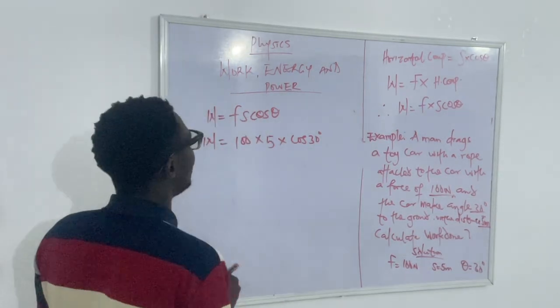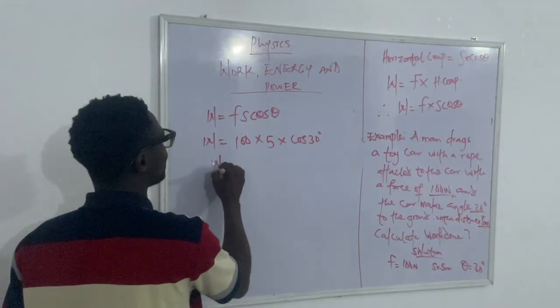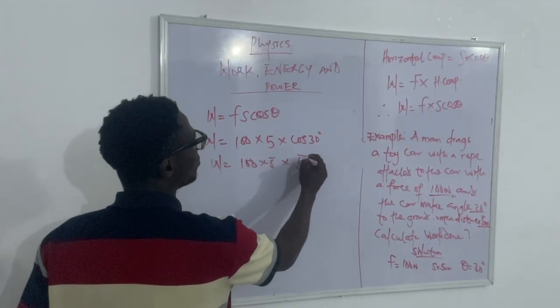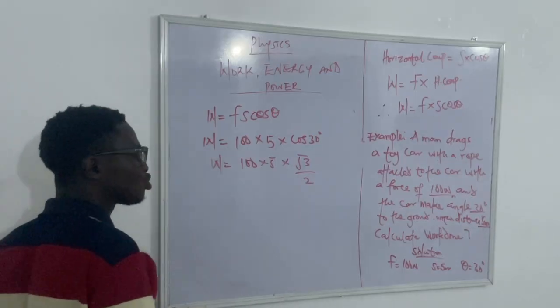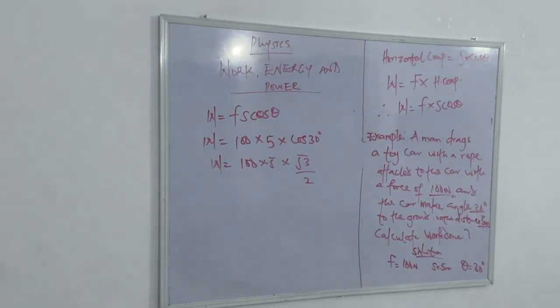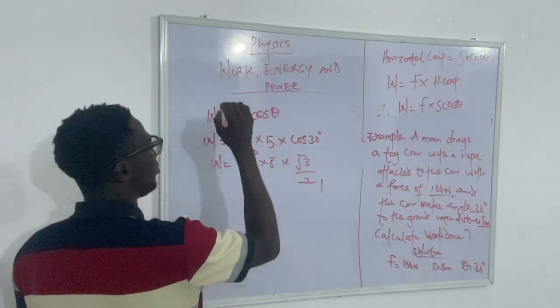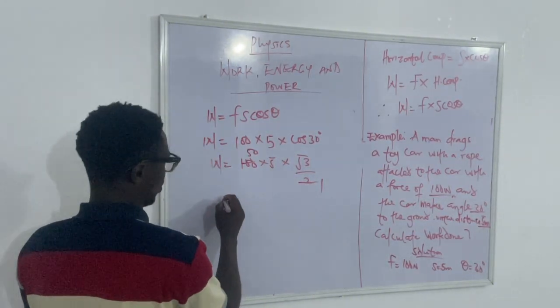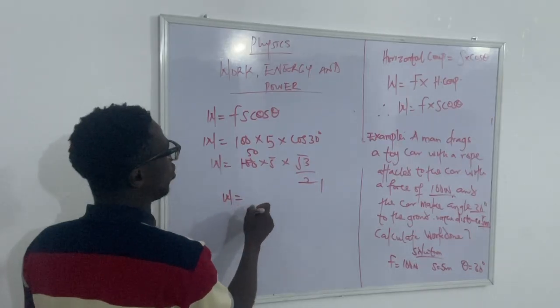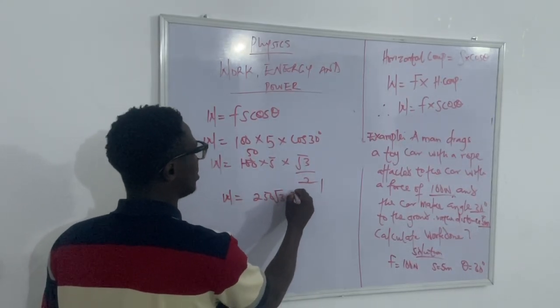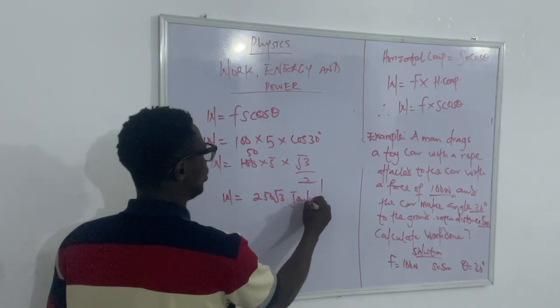So now, we can say W equals 100 times 5 times root 3 over 2. So we can say 2 here 1, 2 here 50. So that's work done equals 250 root 3 joules.